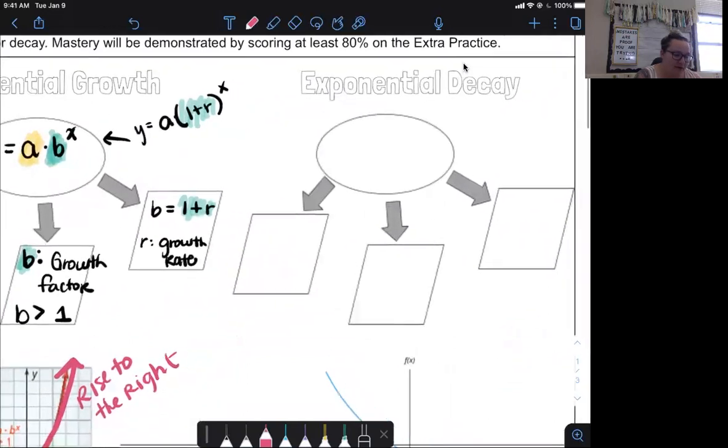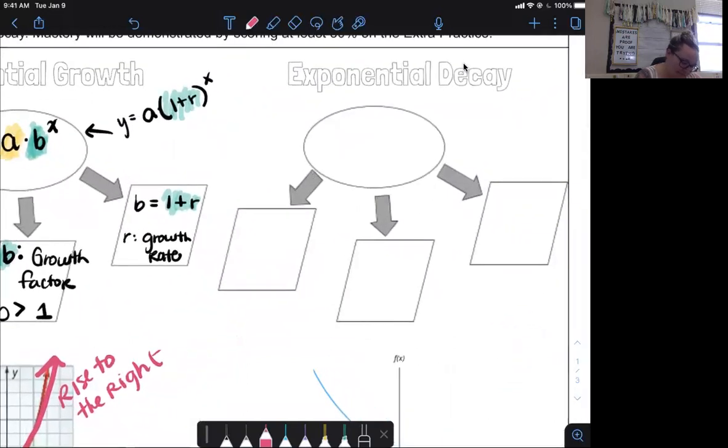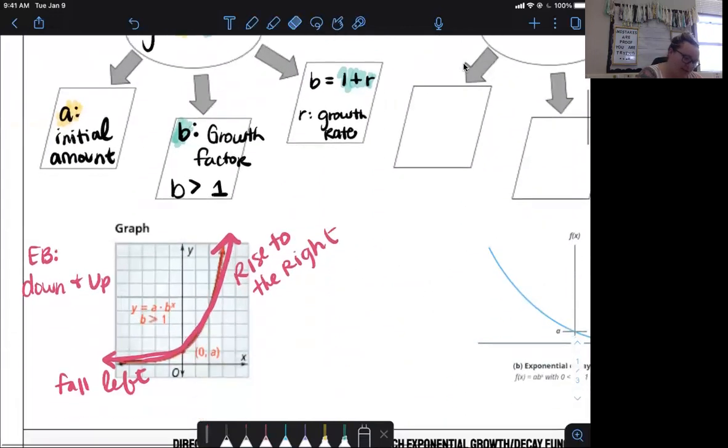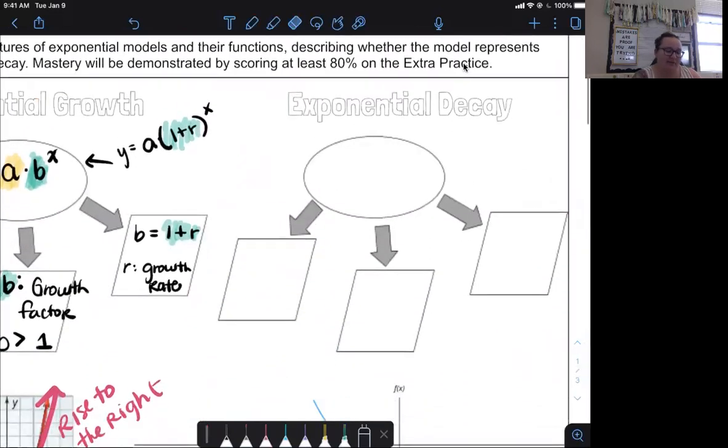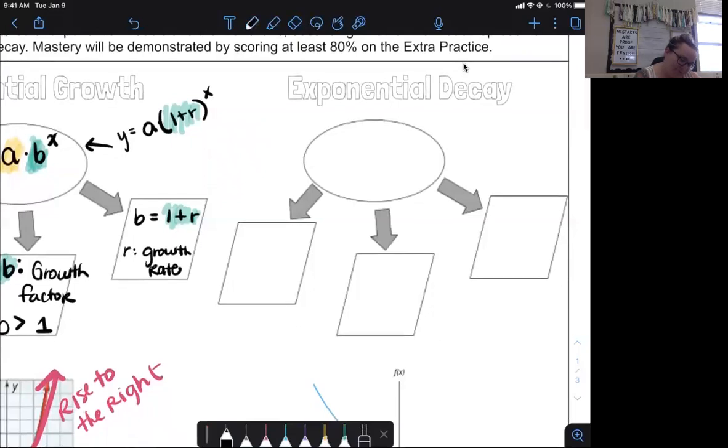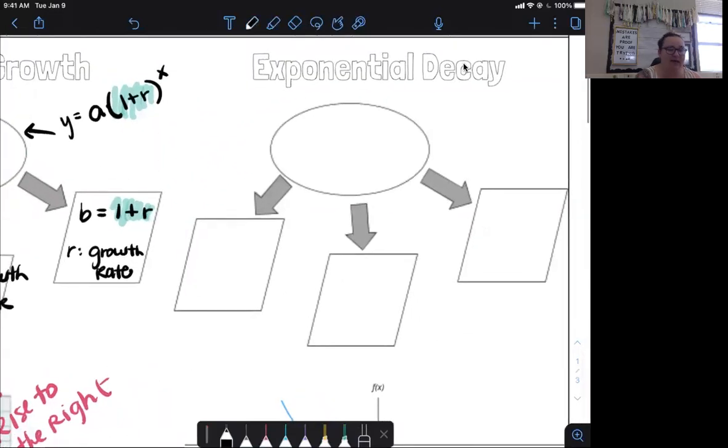Now, when we talk about exponential decay, I'm actually going to take that off of my notes because we're not going to talk about end behavior with these graphs. Okay, so when we talk about exponential decay, equations look the same as growth.